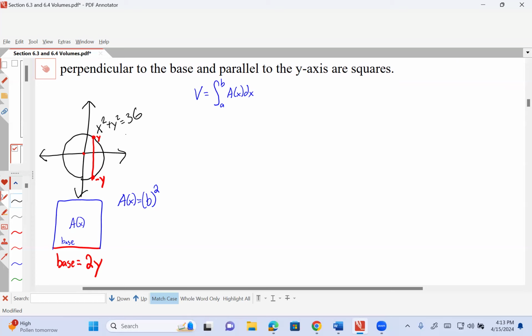But solving our equation of a circle, x squared plus y squared equals 36, this means that y squared equals 36 minus x squared, or y equals the square root of 36 minus x squared. So the base can also be written as 2 times the square root of 36 minus x squared.